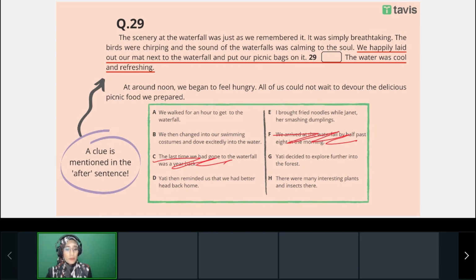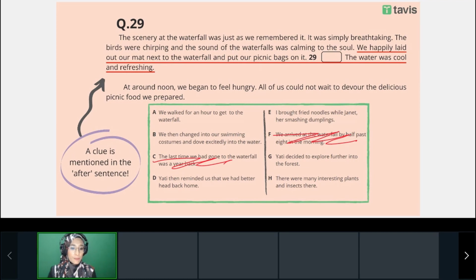So which one do you think fits best? Definitely, the answer would be B. Why? Because it's all about touching the water, how the water was feeling to the skin, right? The water was cool and refreshing.